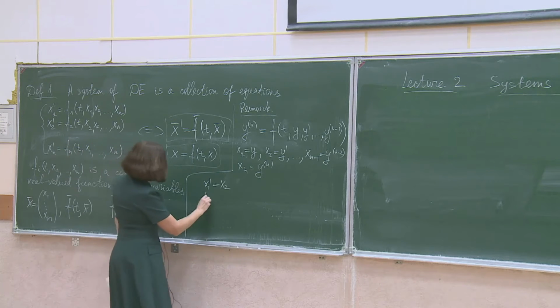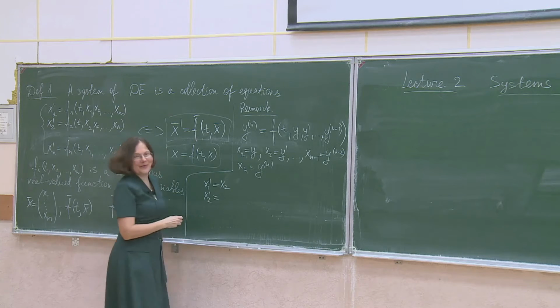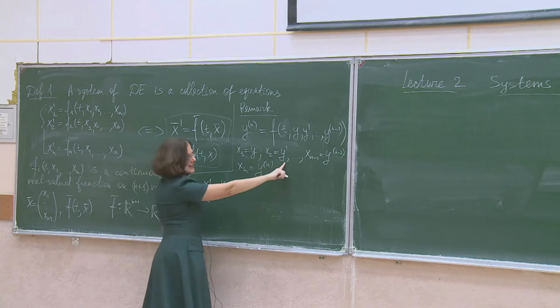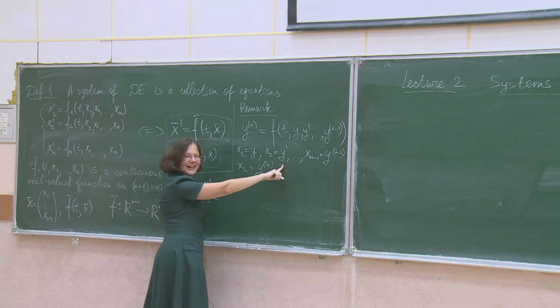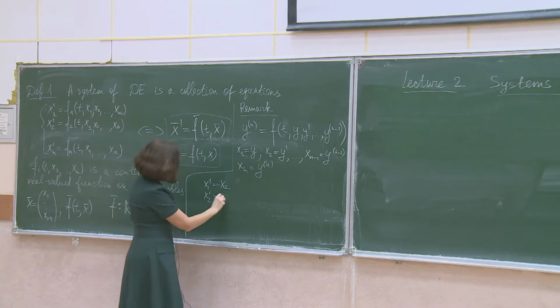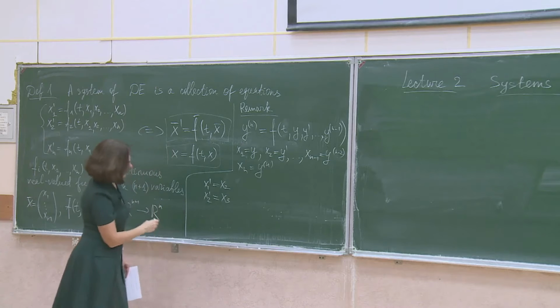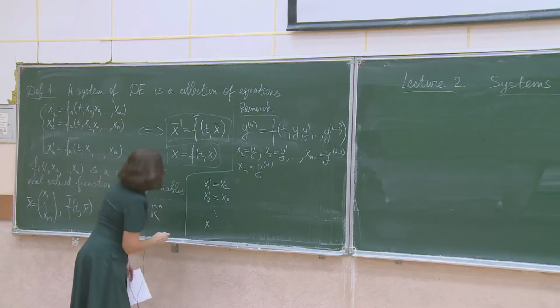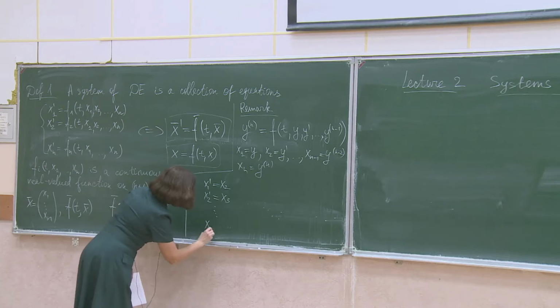The next equation, x2 prime. What is x2 prime? x2 prime is y double prime, but y double prime is x3. And so on.